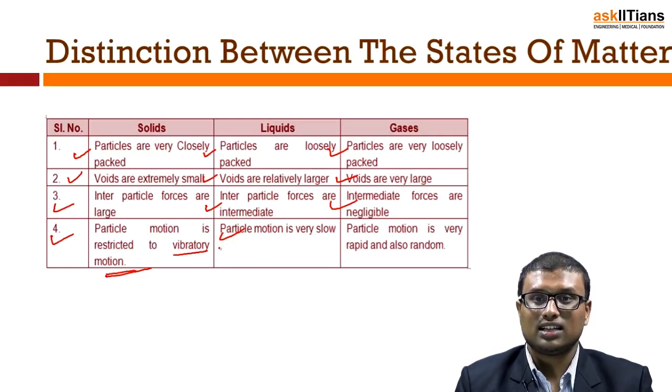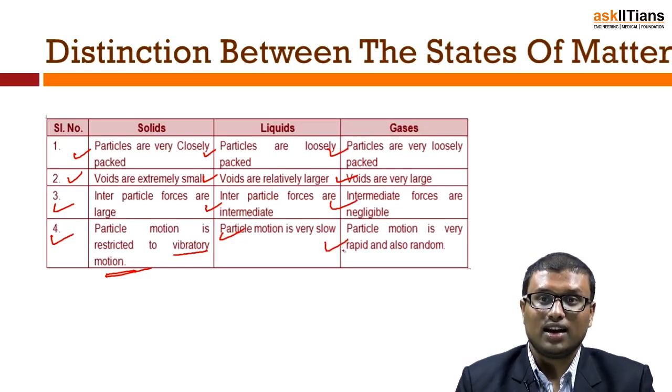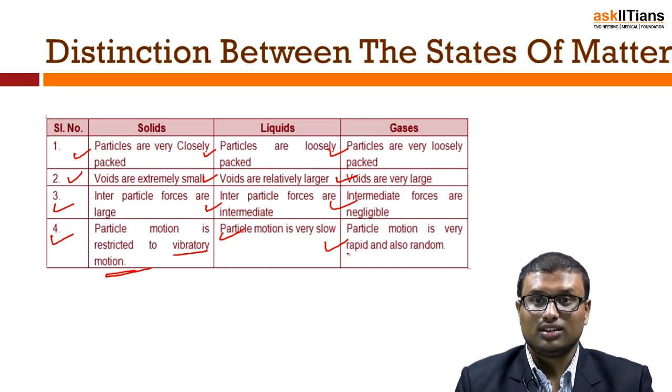The gas particles are randomly moving here and there in the container or in the atmosphere. Their movement is random, so the particle motion is very rapid and also very random. These are a few important distinctions between the different states, that is solids, liquids and gases.